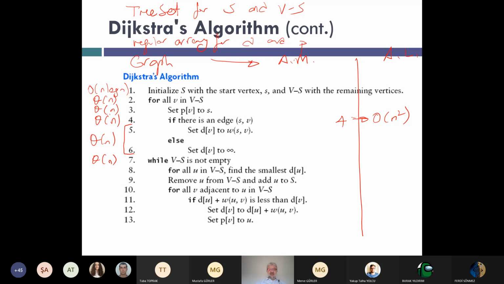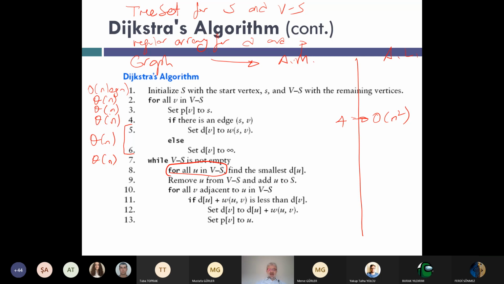Okay, next we have to find a u that has the smallest d u value, right? So for all vertices in V minus S, we have to have an iterator in V minus S and iterate through all the vertices in V minus S, right?